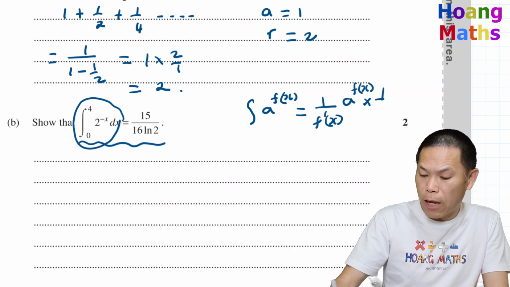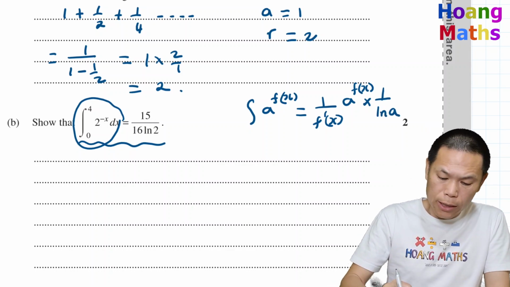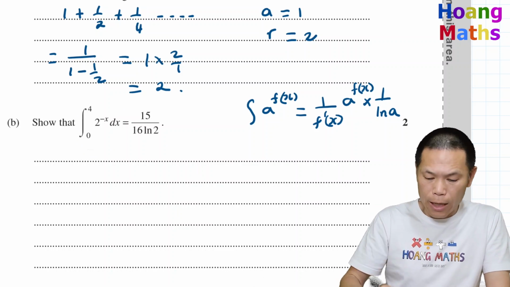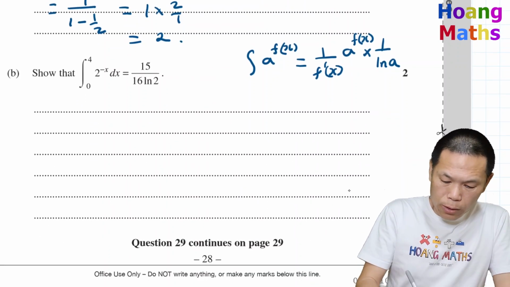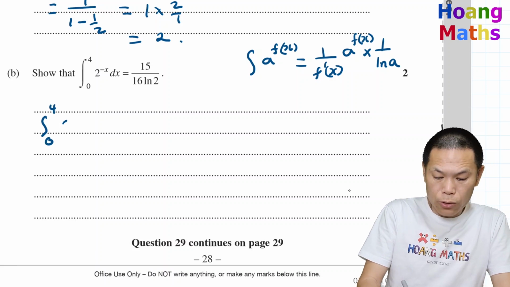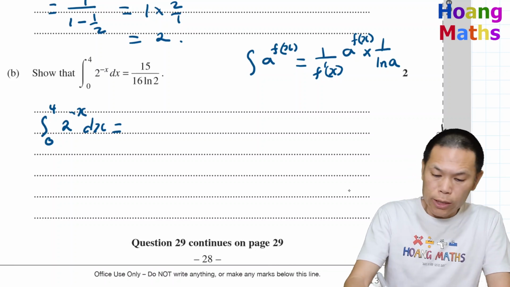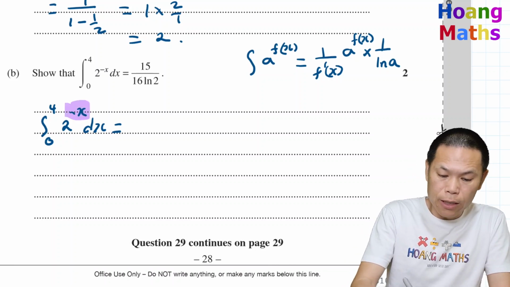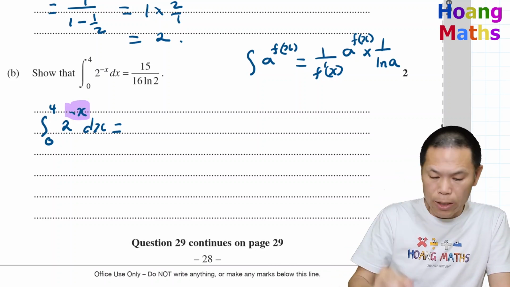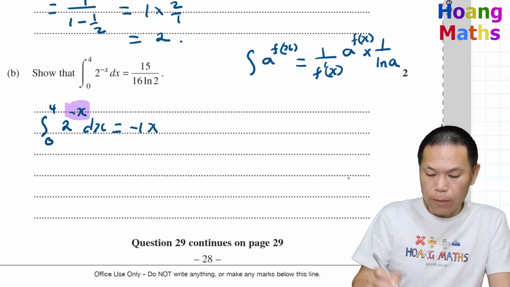I'll evaluate the left-hand side. I integrate from 0 to 4 of 2 to the negative x dx. I differentiate the exponent, which gives negative 1, so I divide by negative 1, and 1 divided by negative 1 is negative 1.